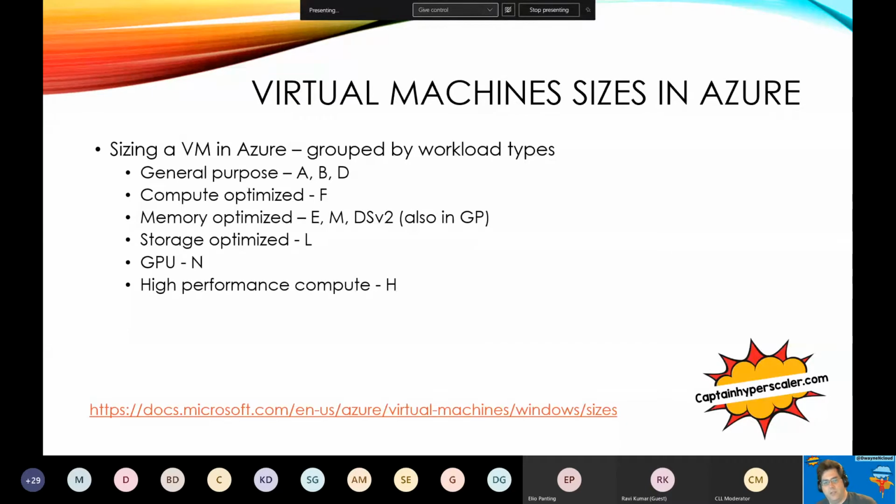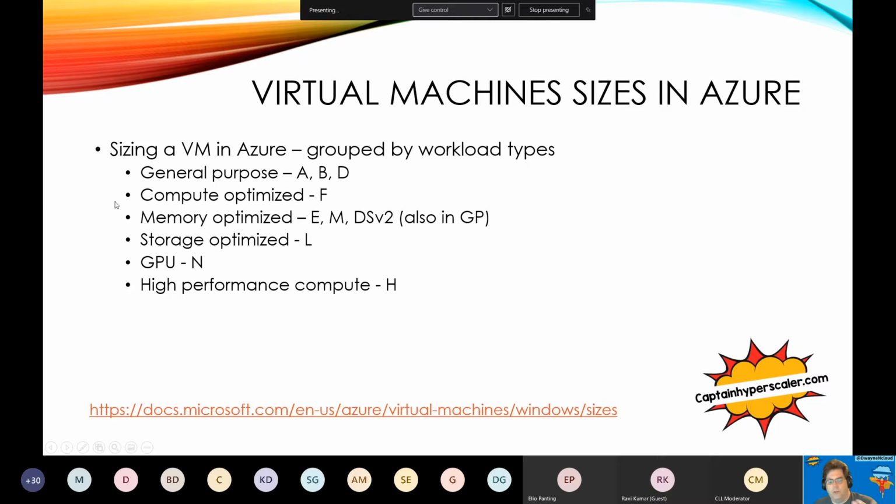I've got them grouped here just really quickly in different workload types, which is generally when you're asked to choose a virtual machine size within the Azure portal or within the exam. They're going to give you some sort of scenario and ask you to choose what series machine you're going to have. They're not going to get really deep into it.